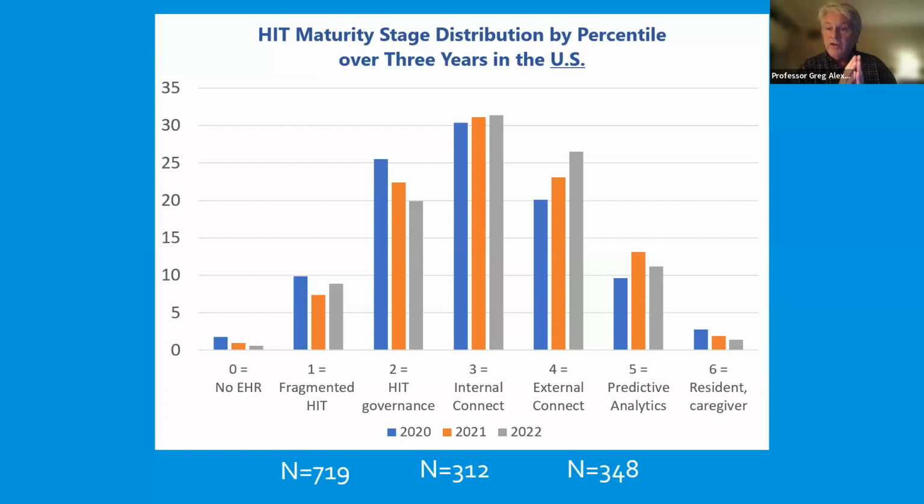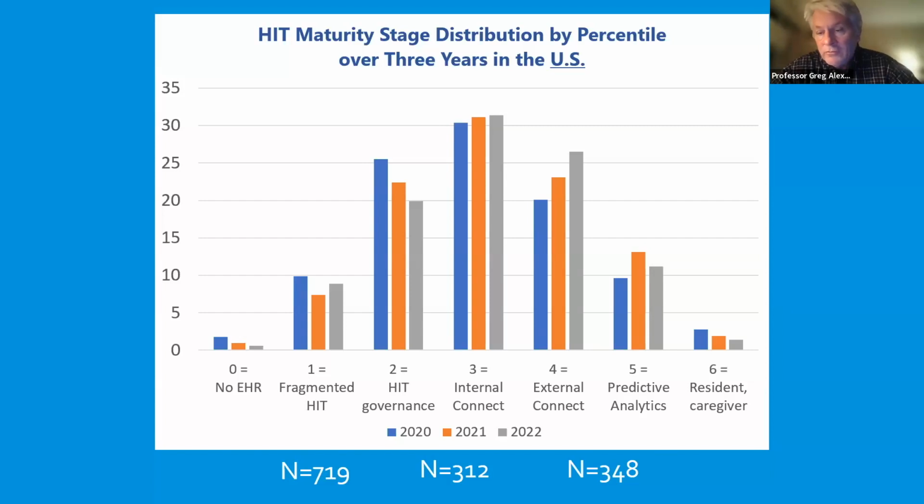So facilities are beginning to move toward higher stages of being able to exchange data, being able to utilize clinical predictive analytics, and giving residents access to care. There's a big push towards person-centered care and residents' goals, and providing goal concordant care, which requires us to document them and track them as people move from place to place. And so all of those rules and regulations are really shifting these bars.